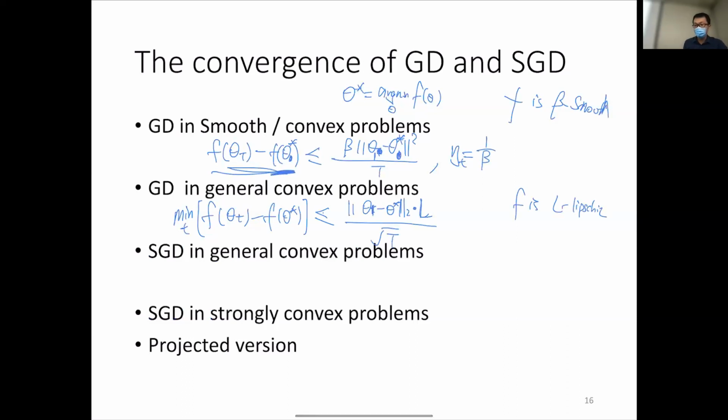So for the general convex problem, we have a slower rate, but it is still converging.